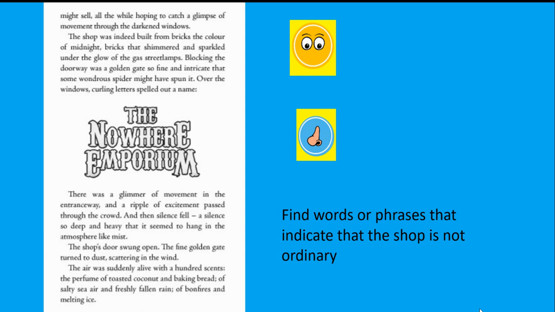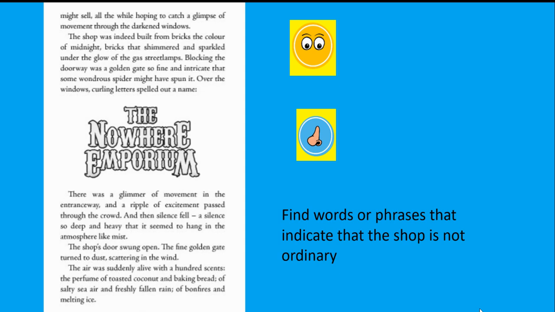So that tells us that it's not ordinary, doesn't it? And then at the end, in the end paragraph, there is a description of the strange smells or perfumes that are coming out of this shop. And if you notice, they're coming out in opposites, such as the salty sea air and freshly fallen rain. They're two different smells, aren't they? Bonfires and melting ice.